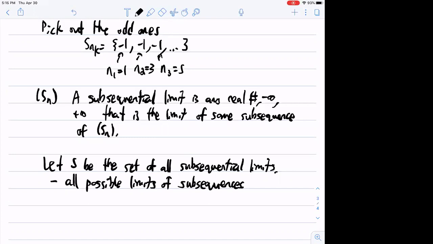In that case, you don't put it in the set. But if your subsequence goes to positive infinity, or goes to a number, you put it in that set. And there is a theorem that says the supremum of this set is just the lim sup of Sn, and the infimum of this set is just the lim inf.